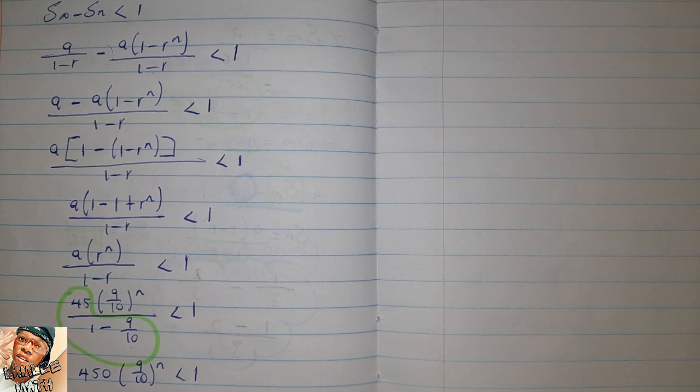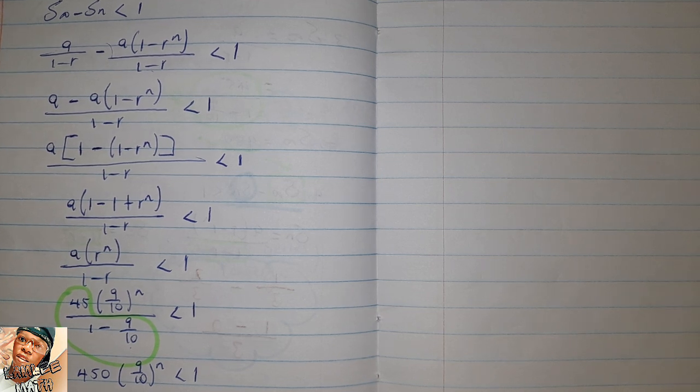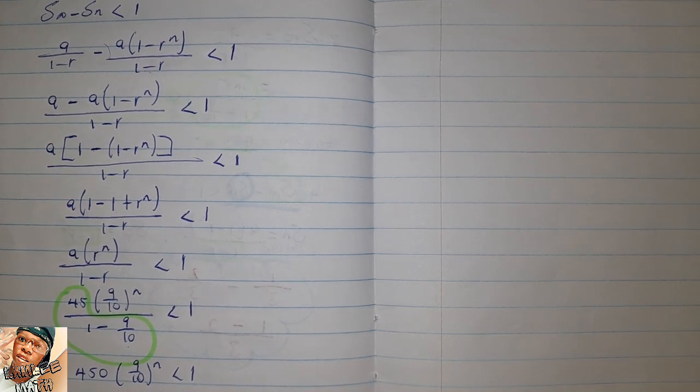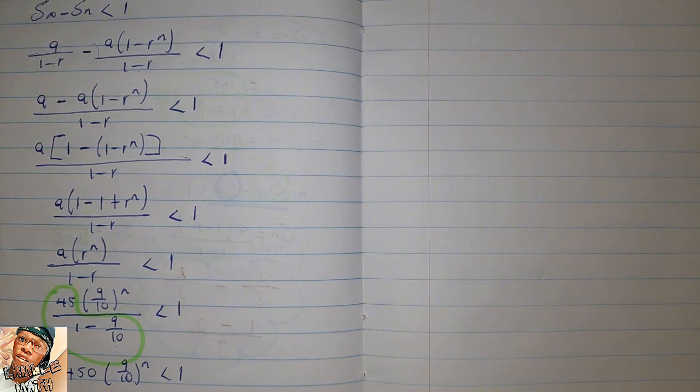So this is where we are at, right? I'm going to need to keep on solving this equation until I get n. Simplify until I get n. So from here it is just algebra, right?